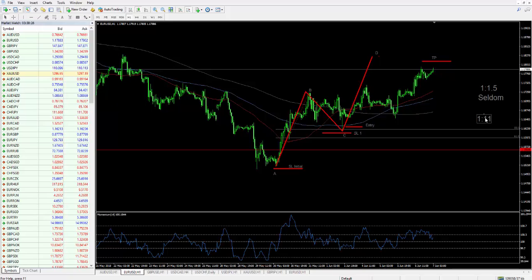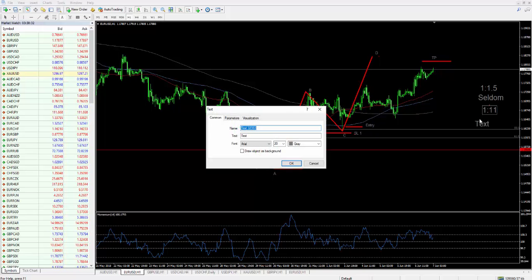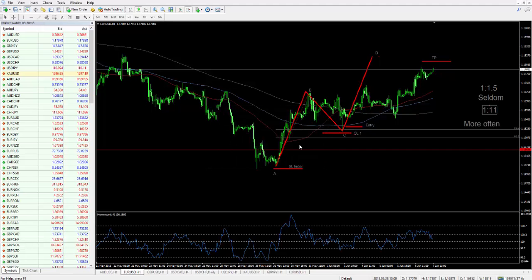Now this one will change more often, okay? 1 is to 11. What a great risk to reward ratio, right? Okay. More often, okay? This will happen more often, and this will happen seldom, okay?